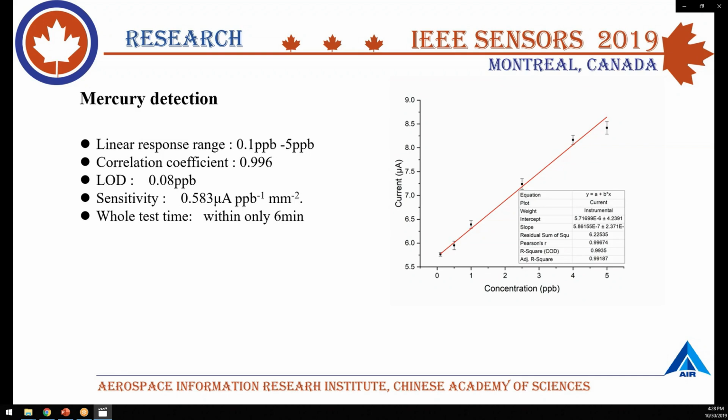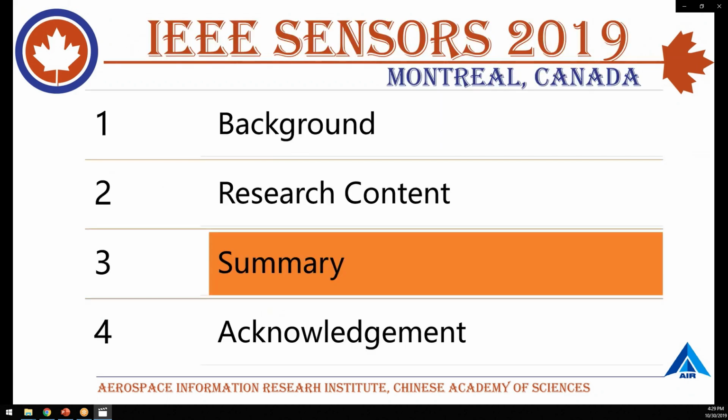This small size sensor can detect trace mercury rapidly, as the detection is able to finish within only 6 minutes. So it is suitable for rapid and on-site detection.